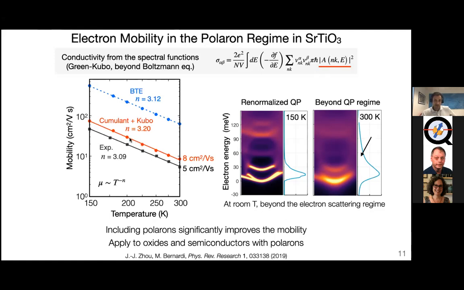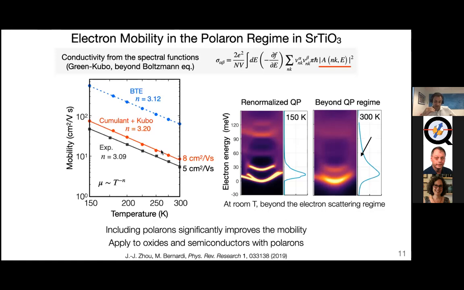The result shown here in red, in this level of theory, which I'm calling cumulant plus Kubo, shows that now when we include the polaron effects, we can accurately capture both the temperature dependence and the absolute value of the mobility, which is now predicted within a factor of 2 of experiment over a wide temperature range.